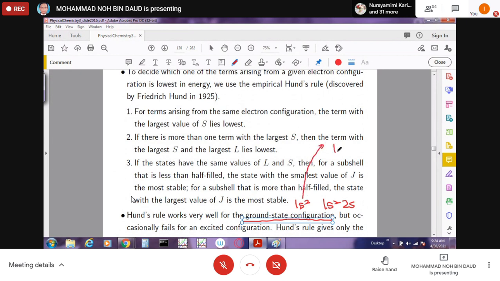For the 1s 2s, sometimes we cannot use these Hund's rules.